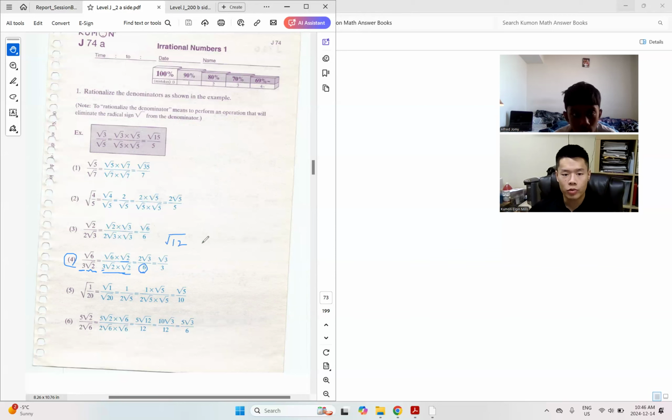Back in level I, we learned that this is 4 times 3, so it will be root 4 times root 3, and I get 2 times root 3. That's where we get the 2 root 3 from. Then the 2 is reduced with the 6, and I get root 3 over 3. That's all that's left. Perfect.